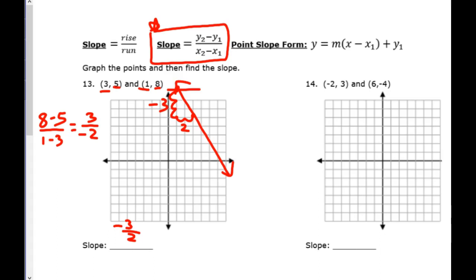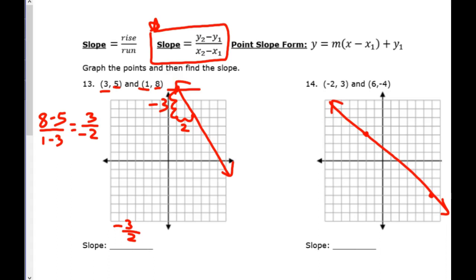Over here, negative 2, 3, negative 2, 1, 2, 3, 6, 4, negative 4. It's kind of a bad line, but whatever.